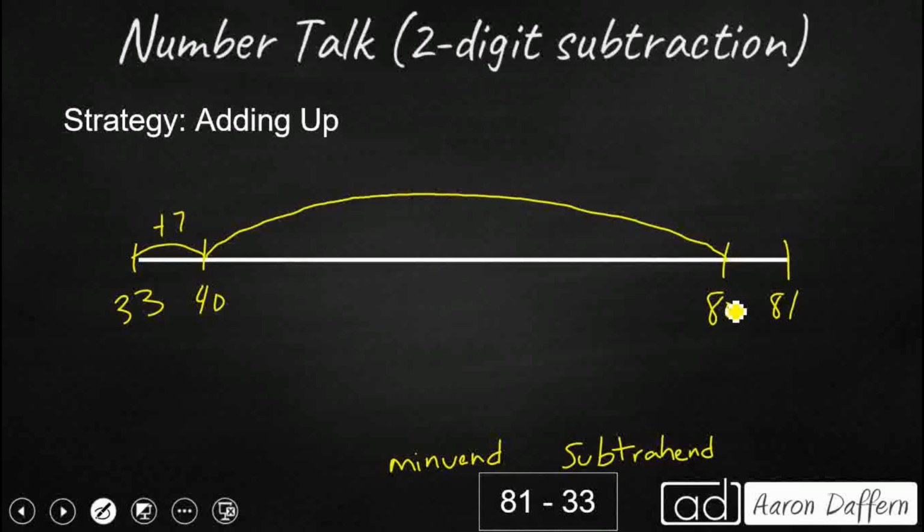And I just got to think, well, how far away is 40 from 80? So if I skip count by 10s from 40, I'll get 50, 60, 70, 80. So that's a plus 40. And then I've got one little jump right there, plus 1. So if I add these jumps, I've got a 7 and a 40. That's 47. Add that 1. Hopefully you got this difference in your head when you worked it out, of 48.